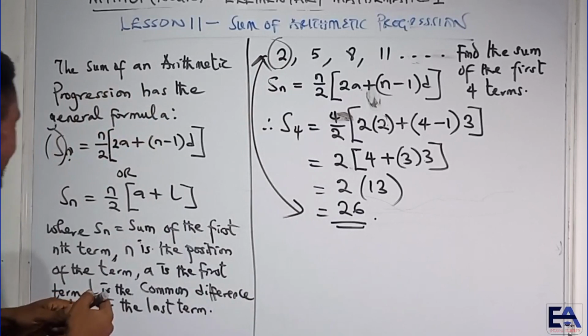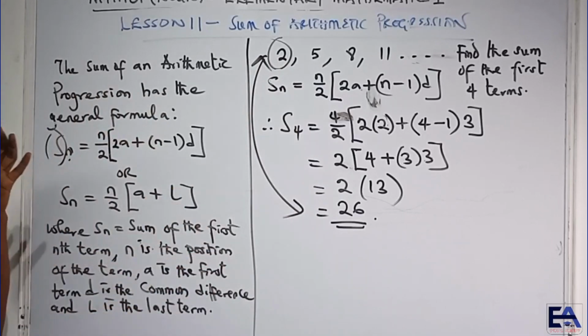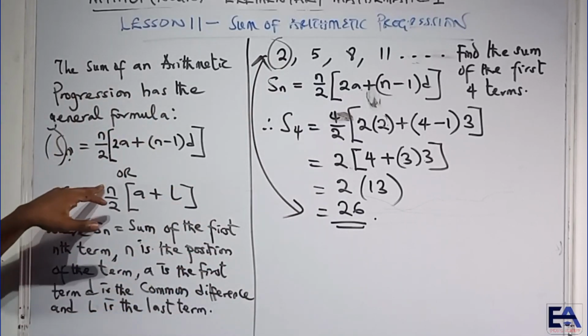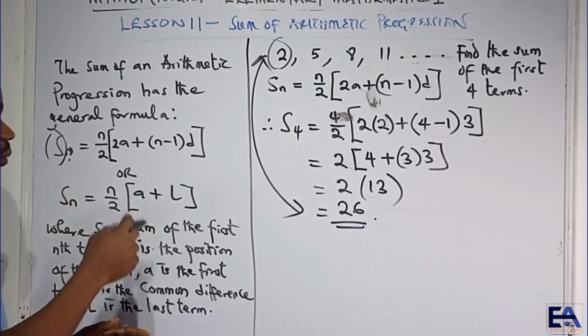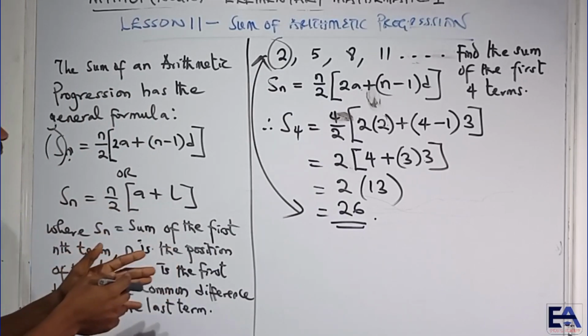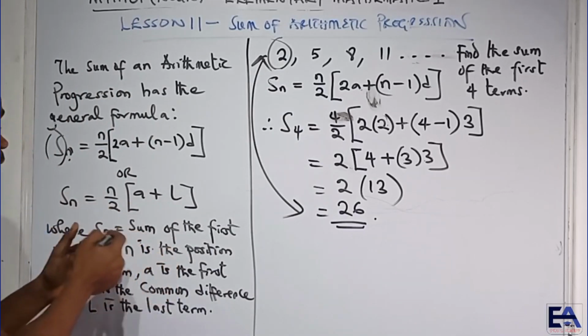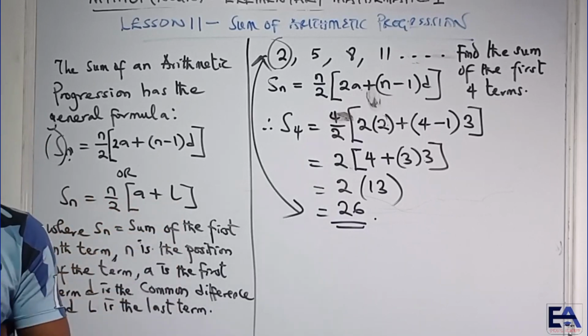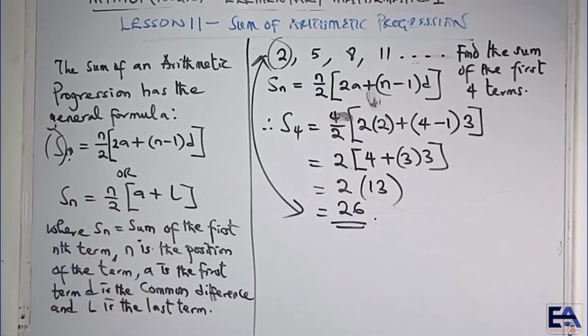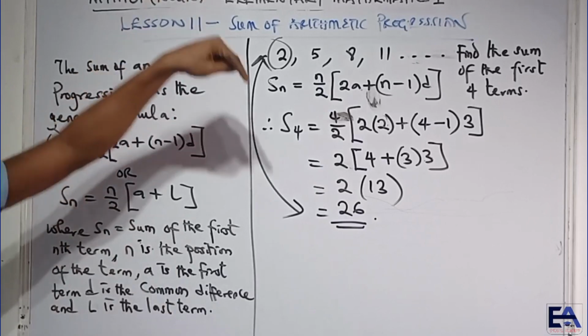Then there's an alternative formula that says Sn is equal to n over 2, open the bracket, a plus l, close the bracket. This formula is applied if you know the value of the first term and the value of the last term. Don't waste your time, all you need to do is go to the last term.